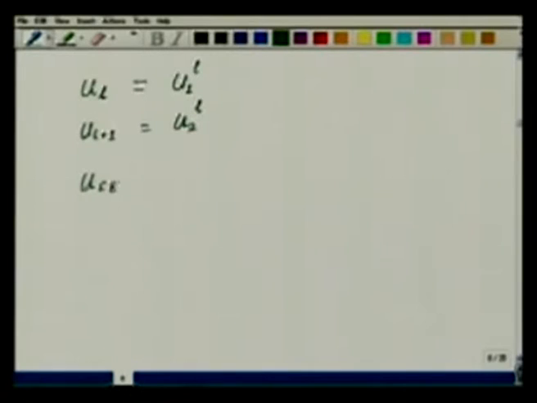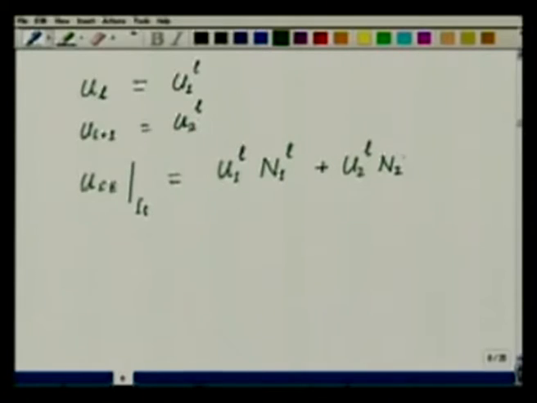U_FE restricted to the element L is equal to U1 of L N1 of L plus U2 of L N2 of L.